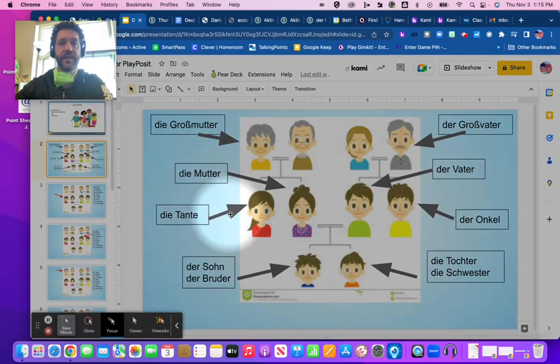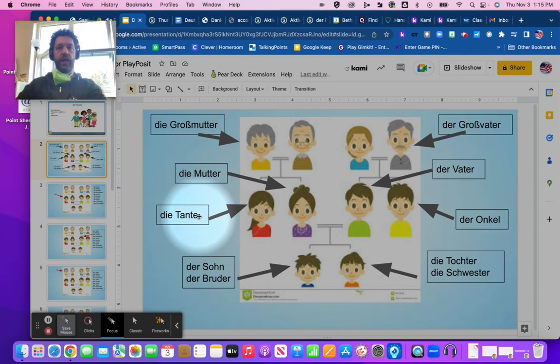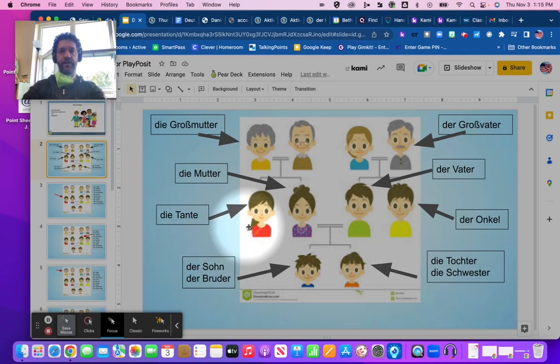So we have Tante is the mother's sister, or Tante would be aunt, as in the children's aunt. Die Tante is aunt. Der Onkel is here. He is der Vater's Bruder. So uncle is der Onkel, which in relation to the children is Onkel, and in relation to der Vater is Bruder or brother.